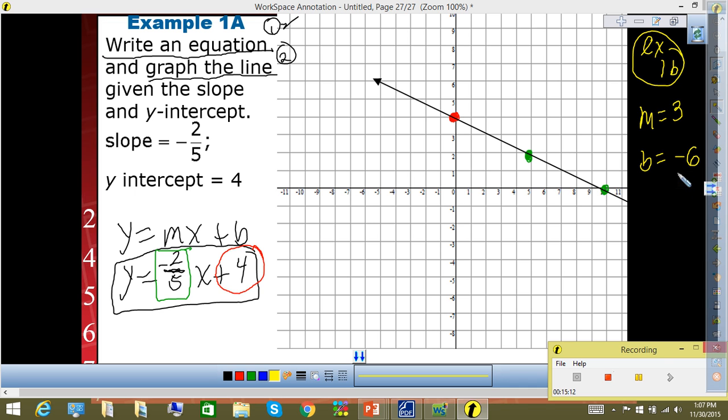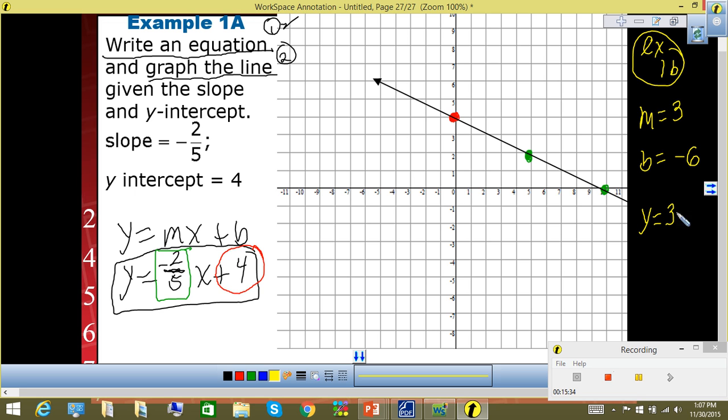Let's see, give me the slope-intercept form equation, Chris B. What is our equation? Y equals 3x minus 6. Hands if you got that. Looks about right.